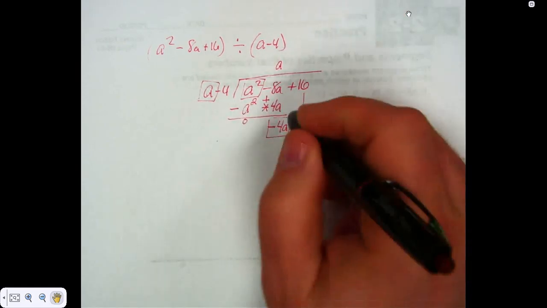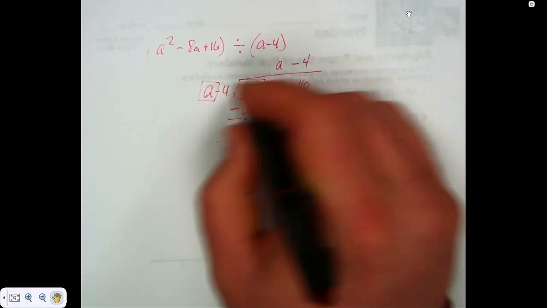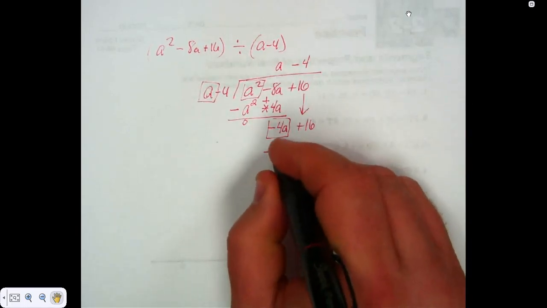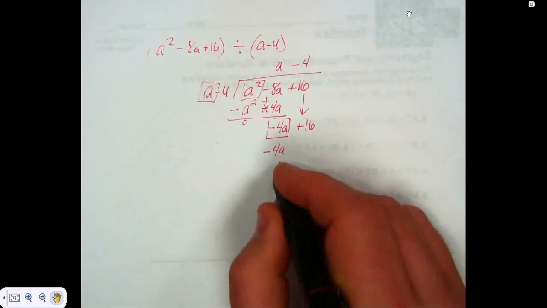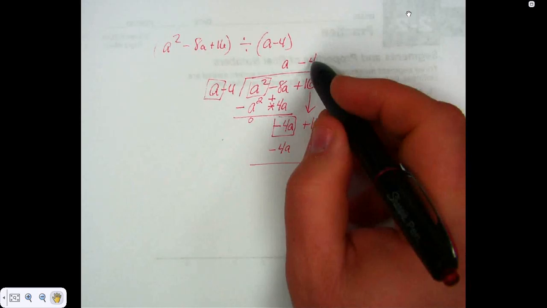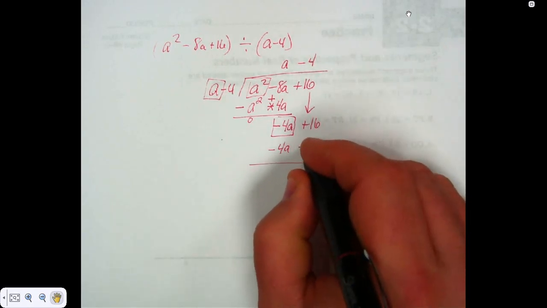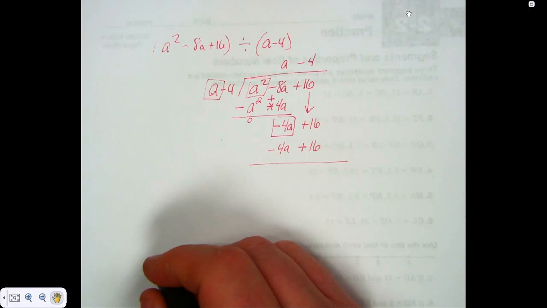Okay, a times what would give me a negative 4? A. If I went negative 4, a times negative 4 would give me a what? Negative 4a. See, when we multiply through, we get that. And they're the same. So I know I'm right. The only thing left to do is negative 4 times negative 4 would give me a what? Positive 16.